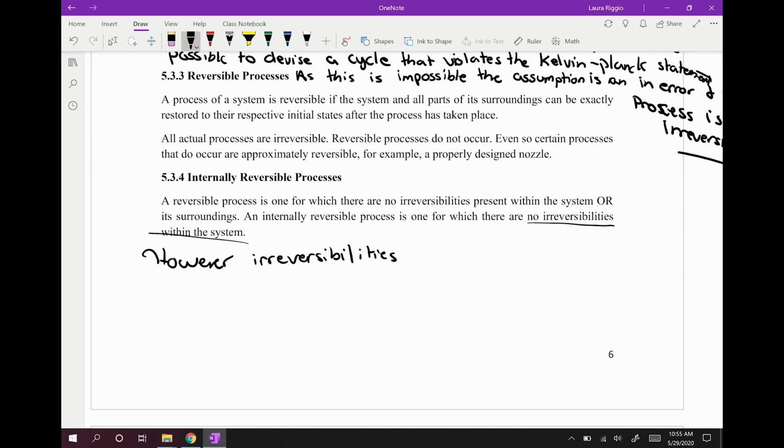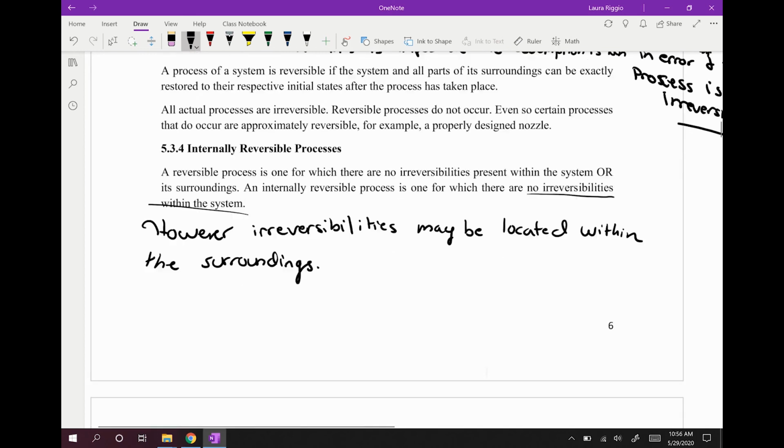However, irreversibilities may be located within the surroundings. So there are no irreversibilities in the system, but there might be irreversibilities in the surroundings.